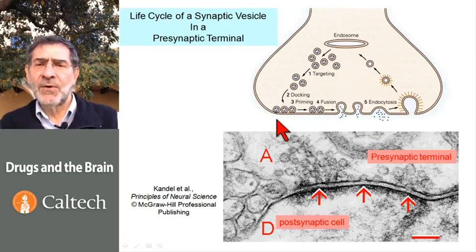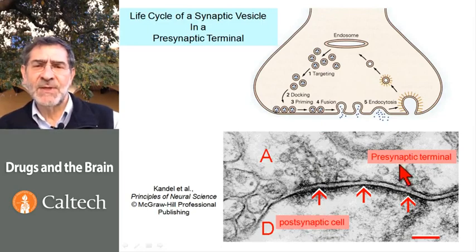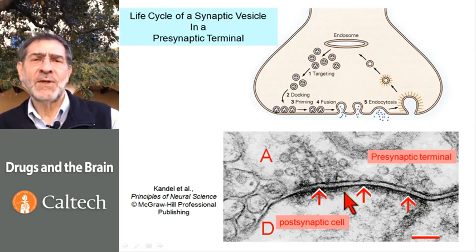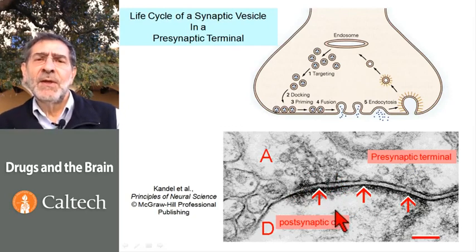Here in this electron micrograph, we see a presynaptic terminal and a postsynaptic cell, and we imagine that all of the action is taking place here in this 500 angstrom gap between the presynaptic and postsynaptic cells.